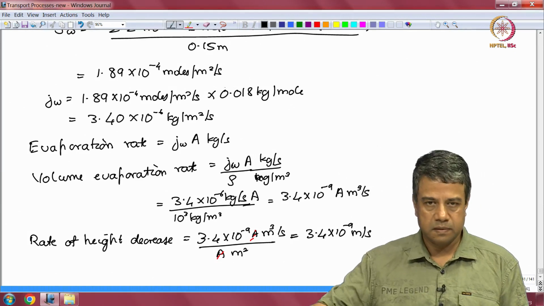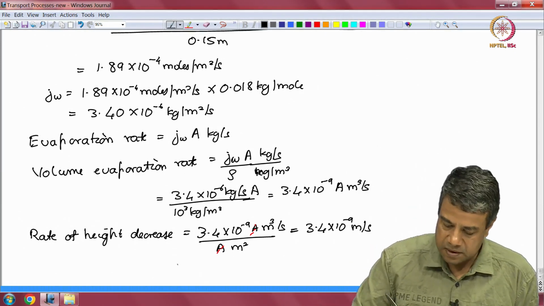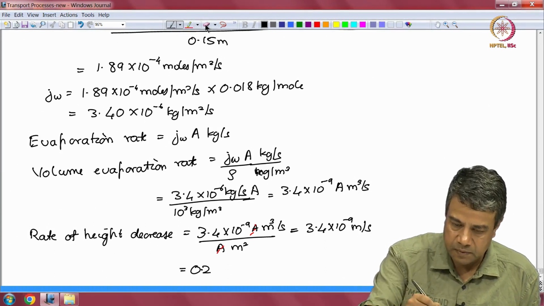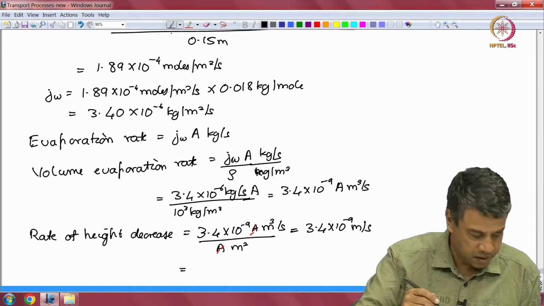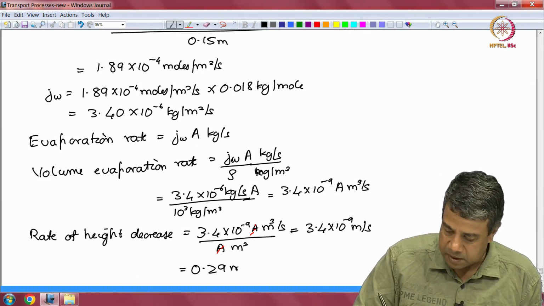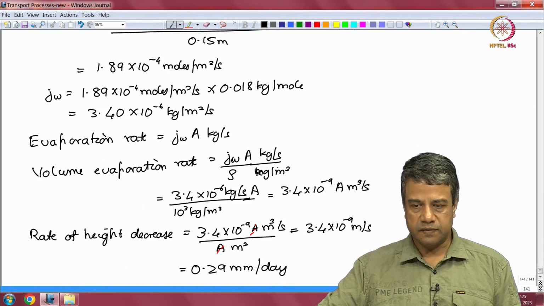So that is the rate of evaporation. If you multiply it by the number of seconds in a day, this will work out to 0.29 millimeters per day. So, at room temperature, this evaporation rate is actually very small.